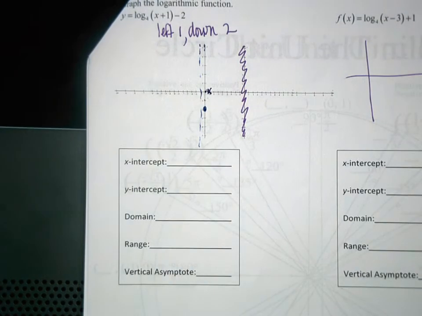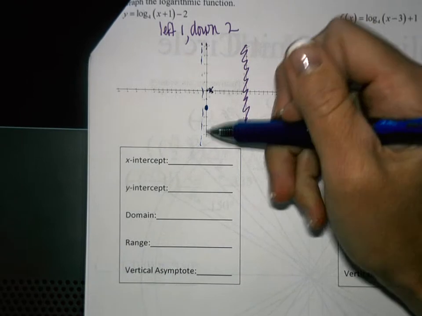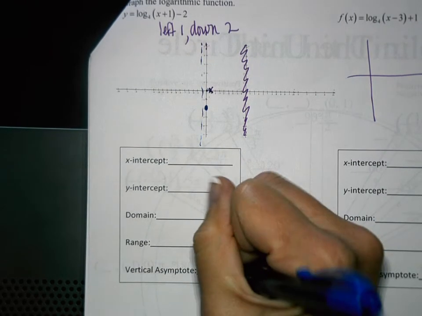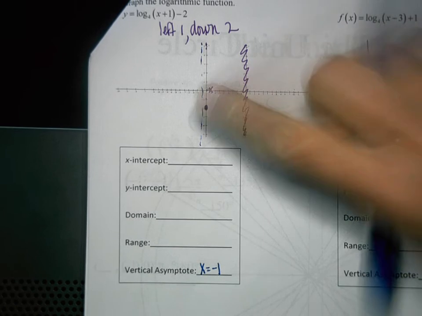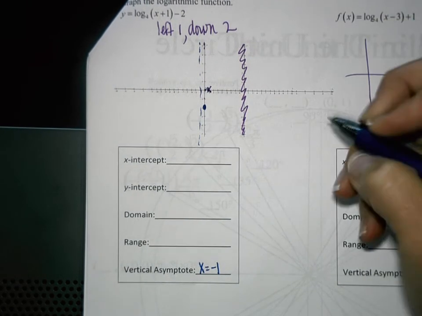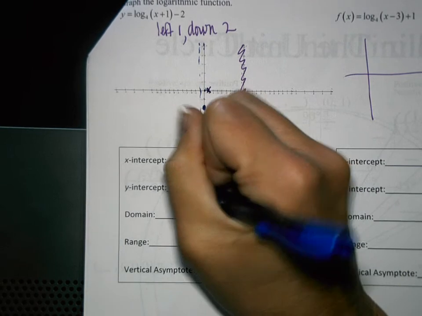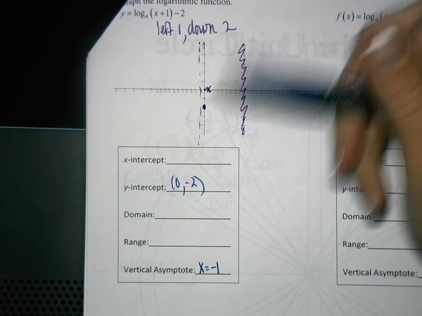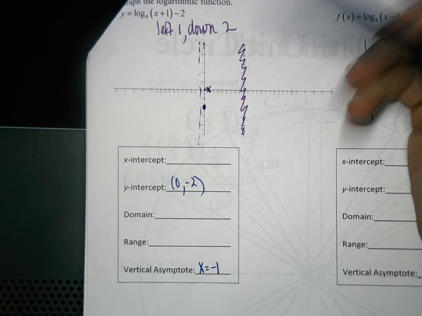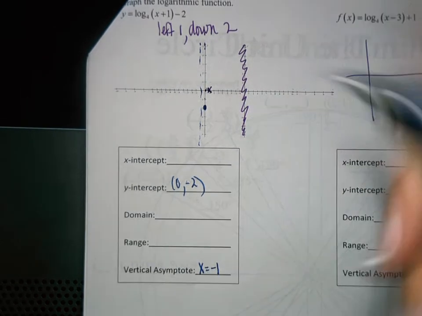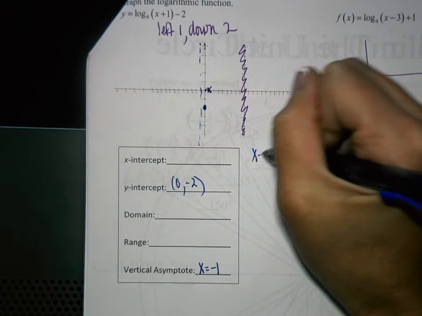So right now I can see that I have my vertical asymptote here, which is at x equals -1. I can also see this point right here is on my y-axis, and so my y-intercept is at (0, -2). I am unsure where it's going to cross the x-axis, so we need to find our x-intercept.